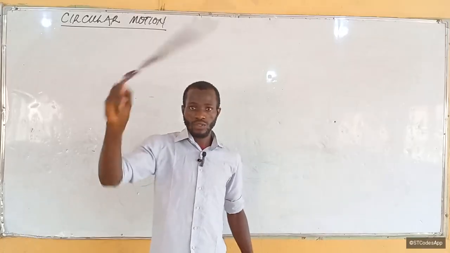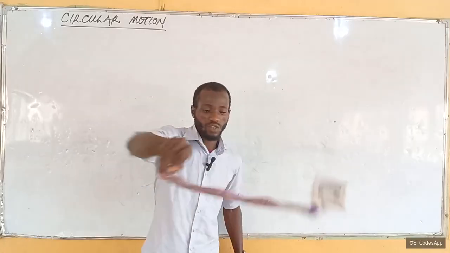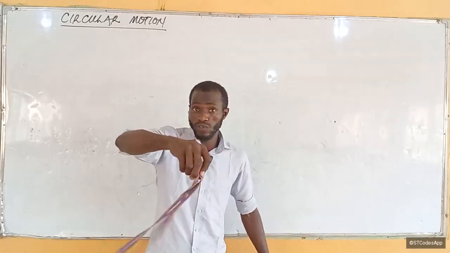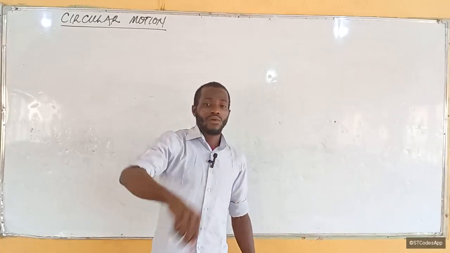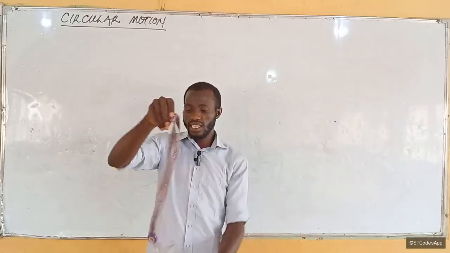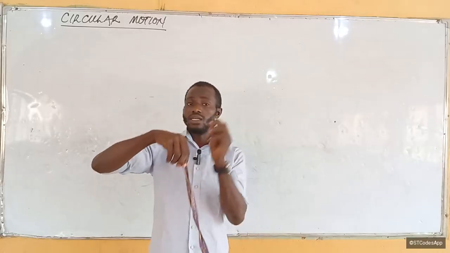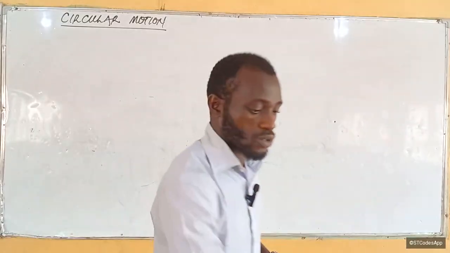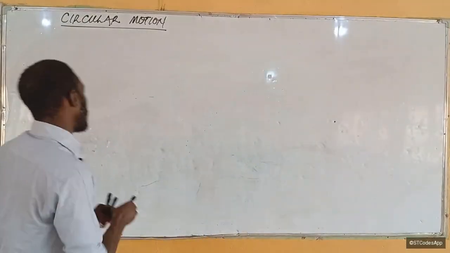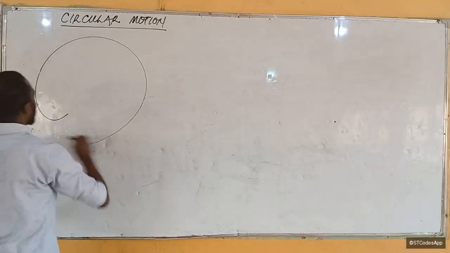Of course, I could decide to move like this, and I could decide to move like this. We are going to deal with both conditions later. But first, understand that this body that is attached to this end is engaging in circular motion. If I were to draw the motion of that body, it will look something like this.